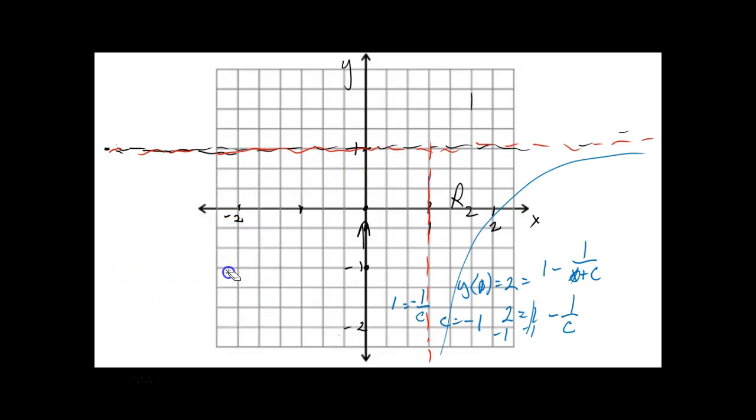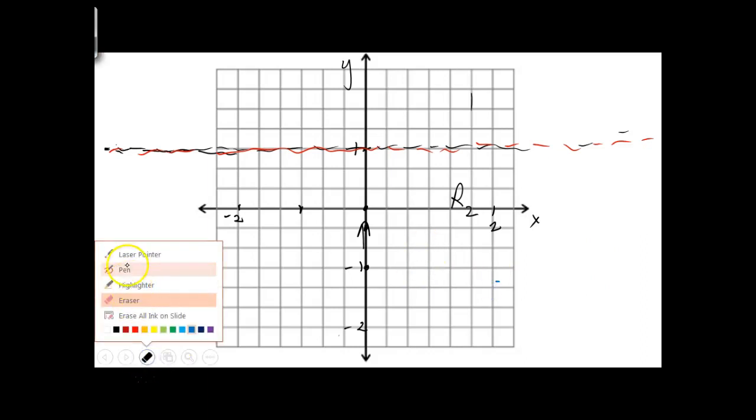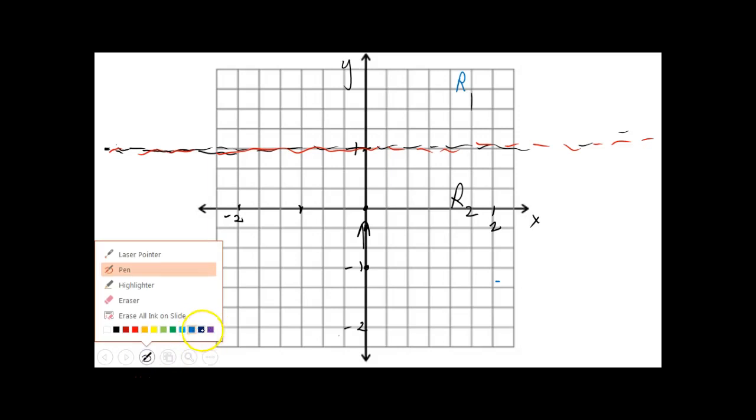Just almost get a clean slate for all practical purposes. Oops. Surprised I didn't lose my horizontal line there. Oh no, it was already there. It's fixed. Okay. I'll go back in and call that region 1 and region 2 again. And I may go back to a dark color to boot.